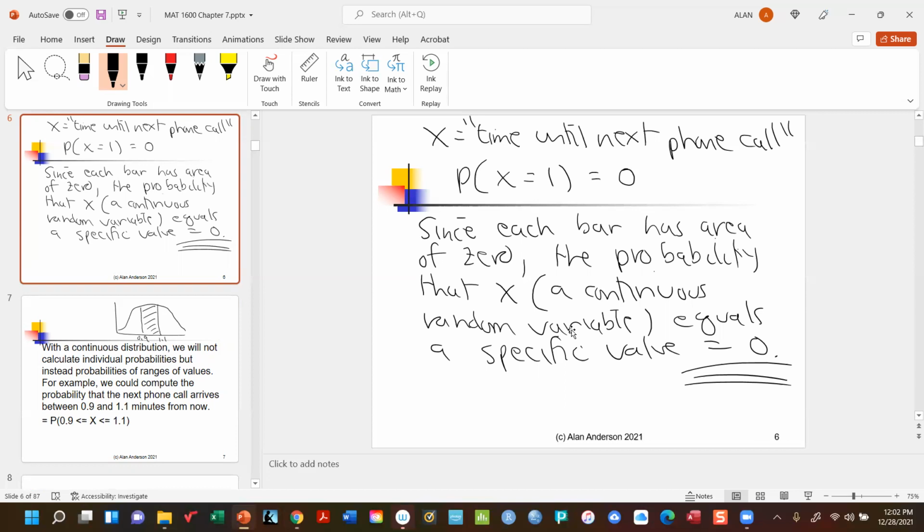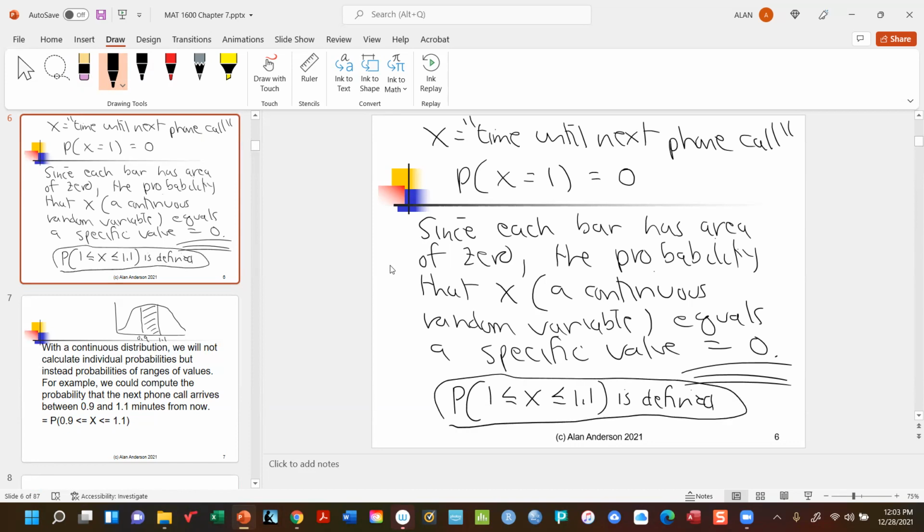Instead, what we might do is say, well, what's the probability that the next phone call arrives, let's say, between 1 minute and 1.1 minutes? That we can do. But the probability of it being precisely 1 minute is going to be considered to be 0, because it's 1 out of an infinite number of possible values.